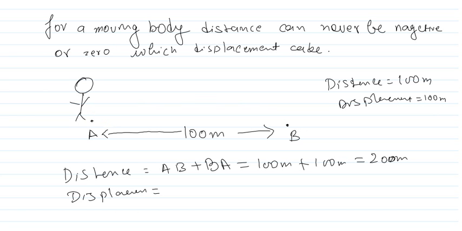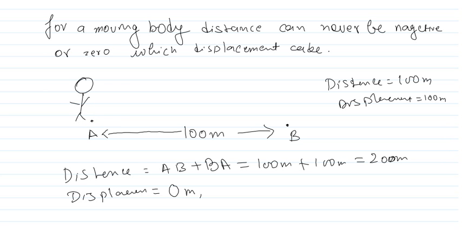You can't draw a line with a single point, because the final position is here and the initial position is also here. So this will be 0 meter.